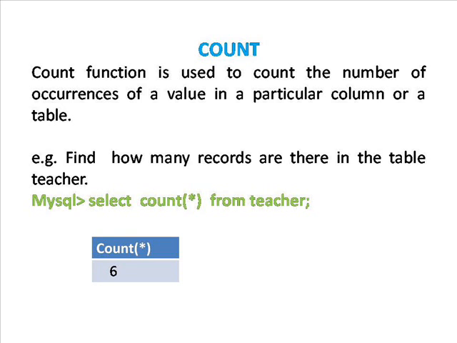Star stands for count anything. So select count(*) from teacher. The output with the current table will be 6, with the heading at the top as count(*), because that is what we had given in the query.